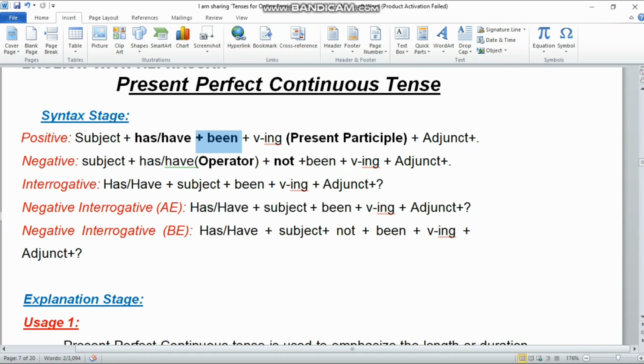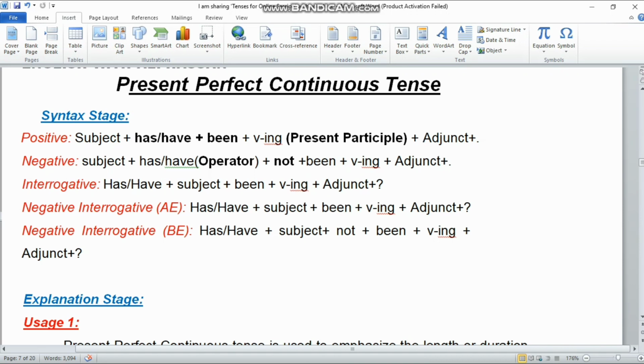And in continuous tense, we always use verb plus ing, which is grammatically called the present participle, as you can see written here. And at the end, you can make use of some extra information, which in grammar is called an adjunct, which is the optional part of the sentence.